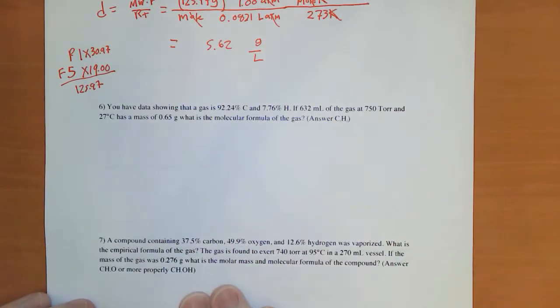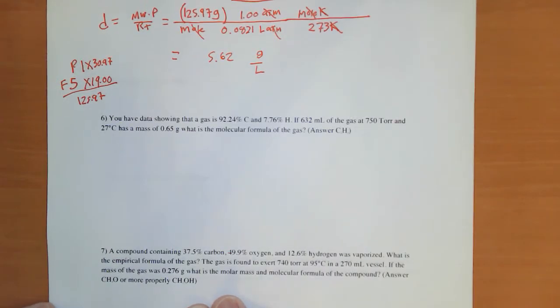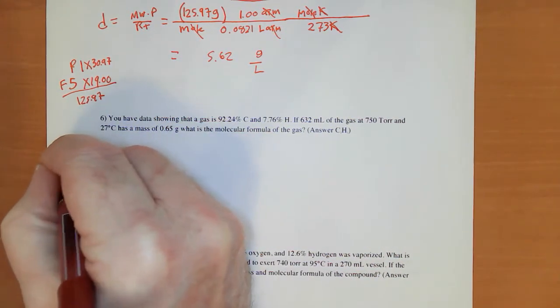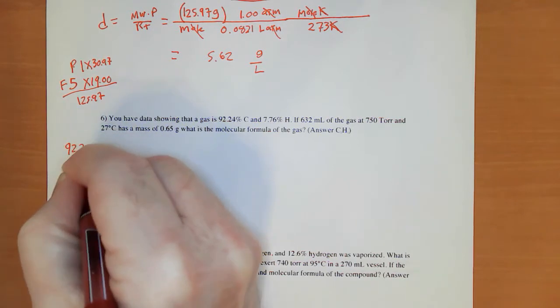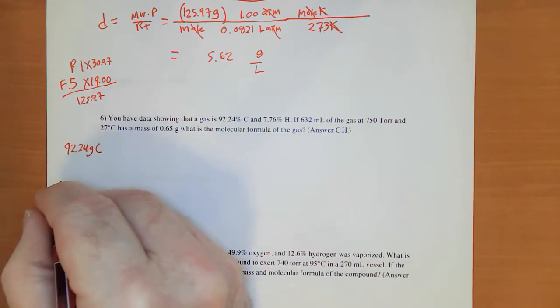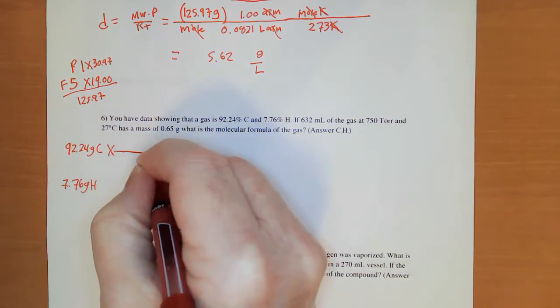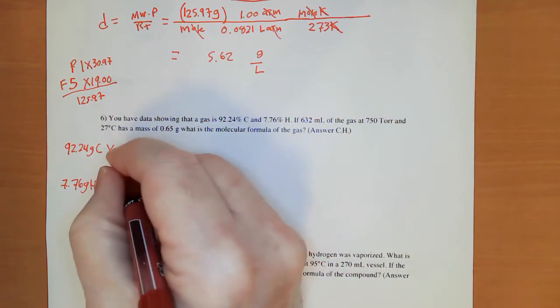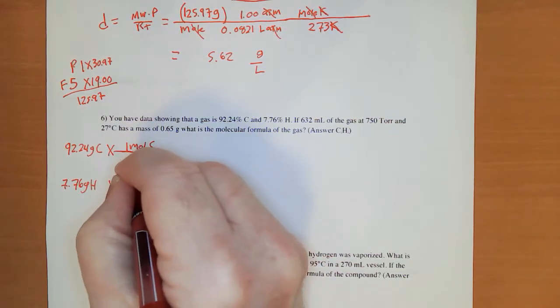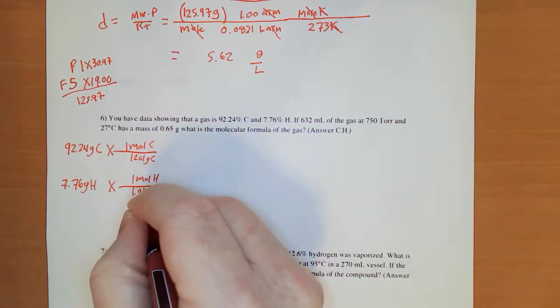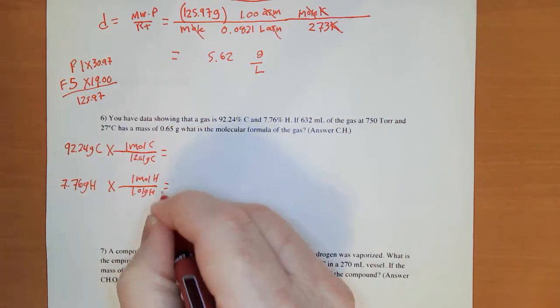Now, much more realistic would be using this to determine some empirical molecular formula. So, 92.24% carbon, 92.24 grams carbon, 7.76 grams hydrogen, 1 mole carbon, 12.01 grams carbon, 1 mole hydrogen, 1.01 grams hydrogen equals.